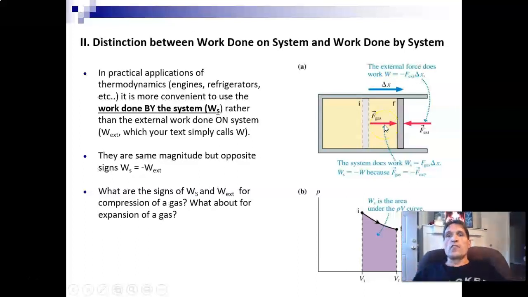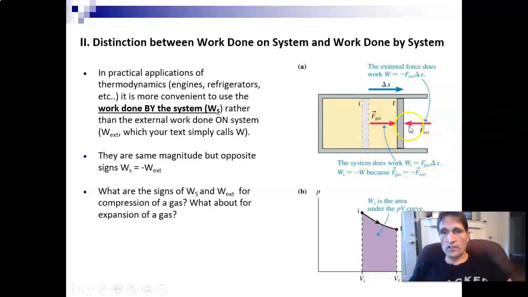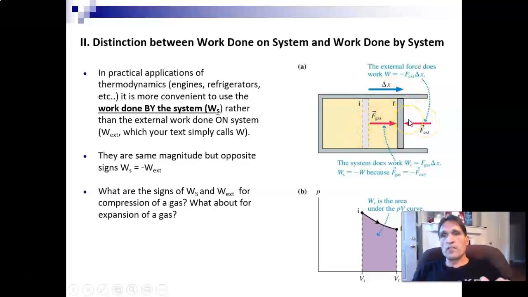Now, there's an equal and opposite force, the external force acting on the piston, pushing back in the other direction. For an expanding gas, the external force is in the opposite direction to the displacement, and this means that the external work is negative, and the work done by the system, by the gas on its surroundings, is a positive number.